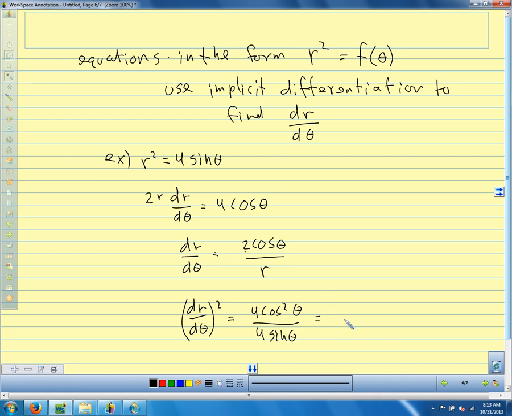So we end up with cotangent theta, cosine theta. So that's a little easier. I think that's a little easier than taking the square root of both sides and then finding your derivative. So just a hint if you're dealing with something with an r squared. So questions on that? Okay, that's all I wanted to talk about today.